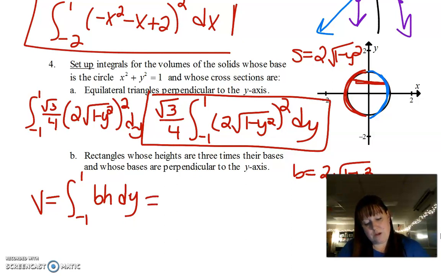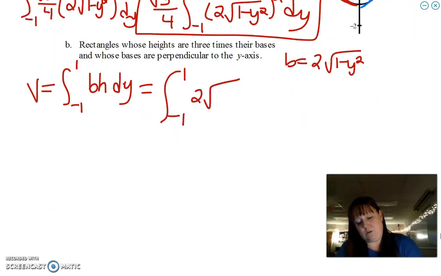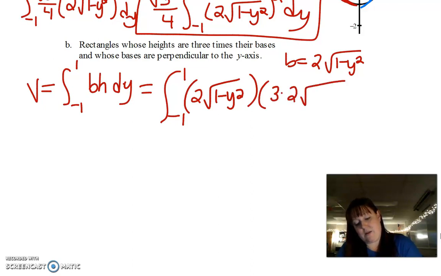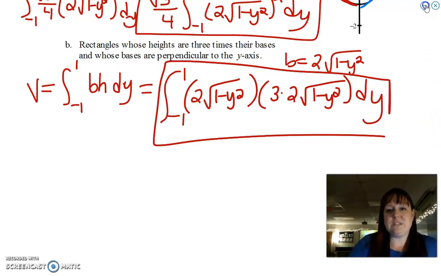And what's our height? Well, it's 3 times that, right? The height is 3 times the base, dy. So there we go: the area of the rectangle integrated from the lower limit to the upper limit, dy.